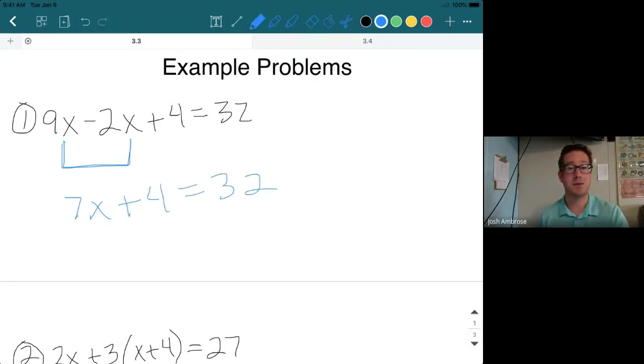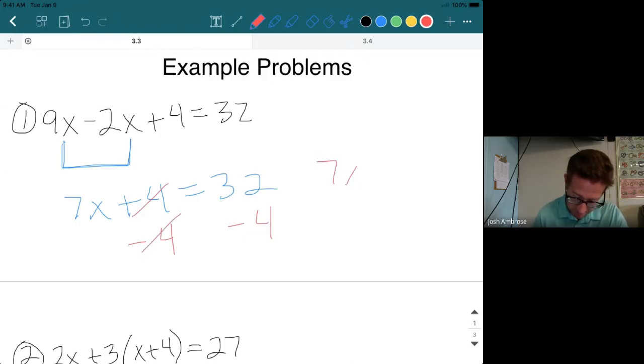Now we're doing the exact same style of problem that we just did in the previous section. So the third step is add or subtract. We will be subtracting 4 from both sides to get rid of that 4 right there. So we have 7x equals 28.